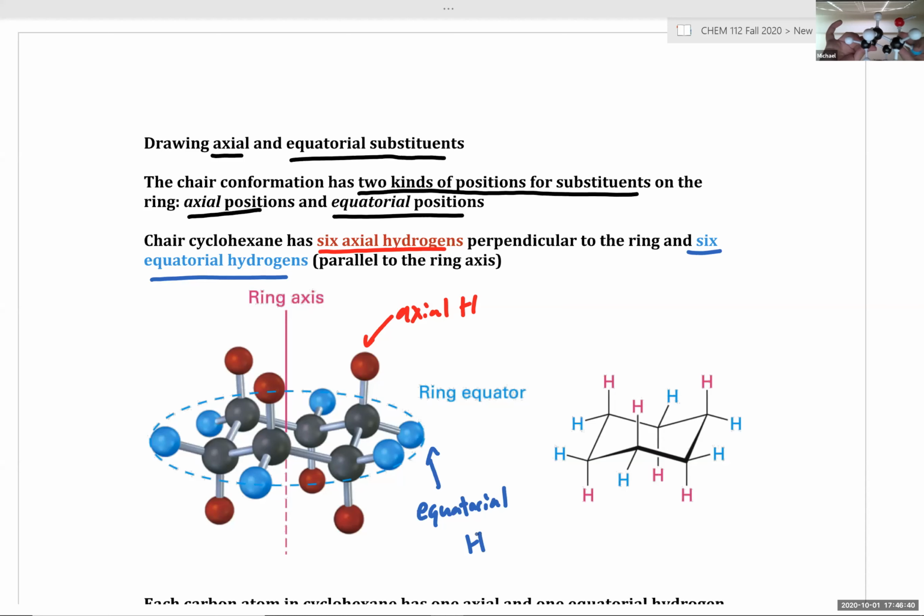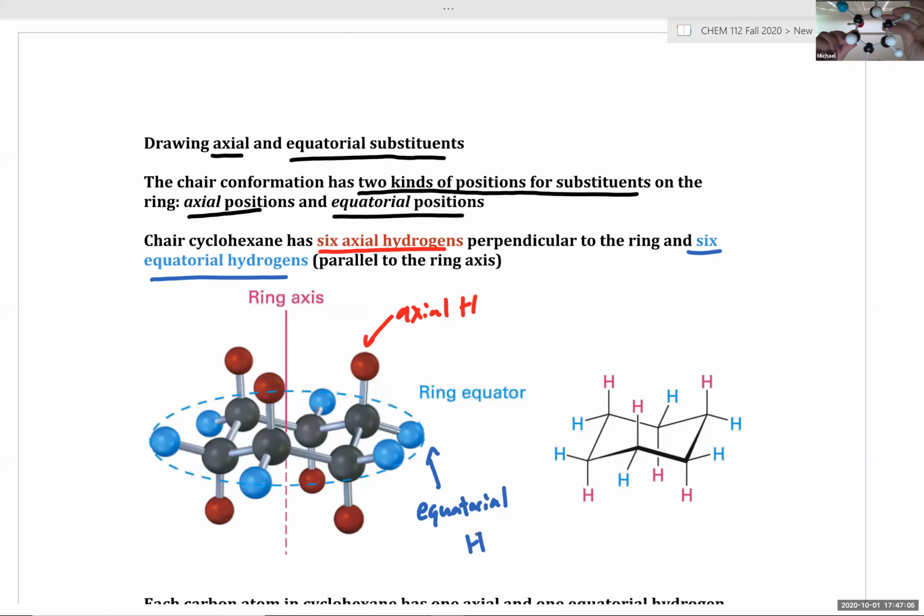As we can see throughout our ring, if we look at this from a top-down perspective, we have 3 axial hydrogens on one face of our cyclohexane ring, and on the opposite face, we have another 3 axial hydrogens for a total of 6.